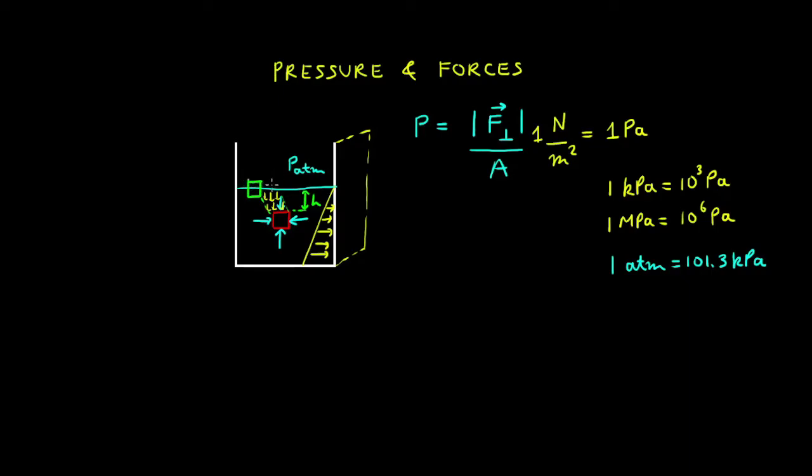Now if we look at another example of forces related to fluids, so if we have the block floating on the surface of the fluid, well, what we have is the force of weight pushing down on the block, and we also have a force Fb, which is the buoyant force pushing up against gravity to cause that object to float.